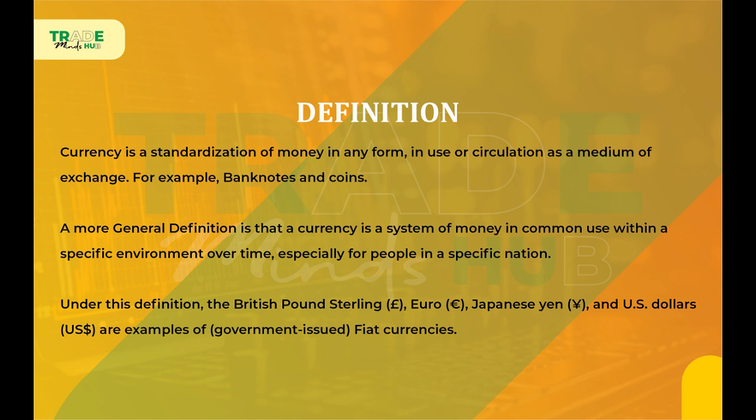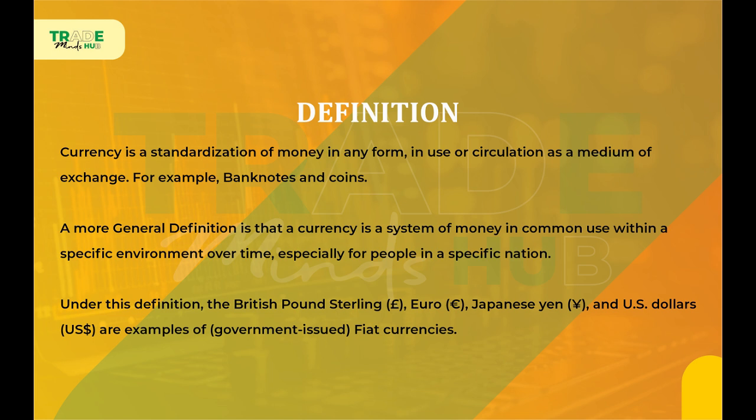That takes us to a more general definition. Currency is a system of money in common use within a specific environment over time, especially for people in a specific nation.